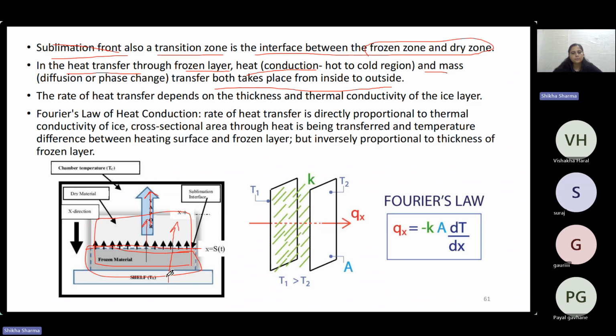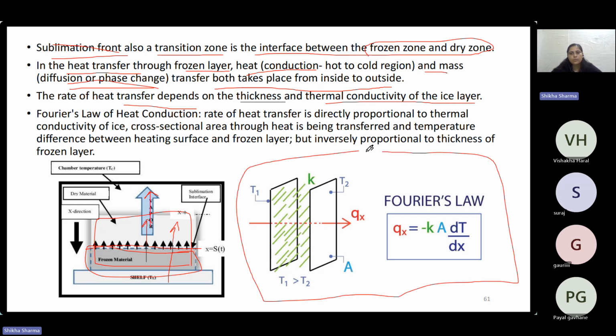This is a diffusion process. So the rate of heat transfer depends basically on the thickness and the thermal conductivity of the ice layer, and this is based on Fourier's law.